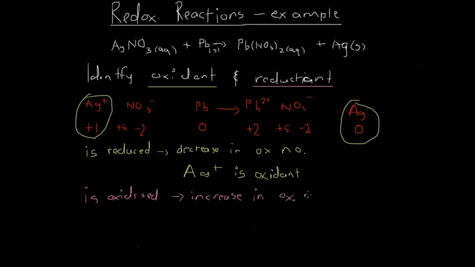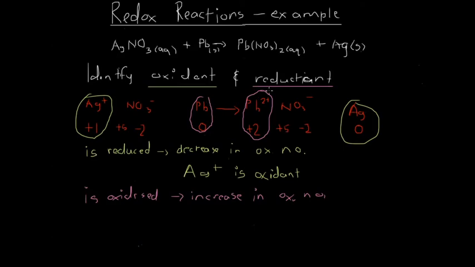So we look at our equation, at the oxidation numbers of everything, and look for something that has had an increase in its oxidation number. Here lead has an oxidation number of 0. Here, lead is now an ion, it has an oxidation number of +2. So solid lead, not the ion, is being oxidized.